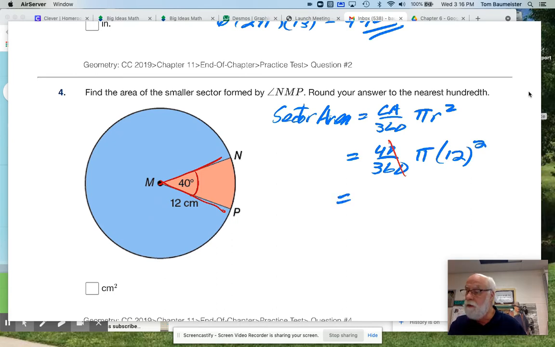And if I plug all of that in, I'll get 50.2657. This time they're asking you to go to the nearest hundredth. Be careful there, ladies and gentlemen. All right, read your directions carefully. The hundredth would be this one right here. So we see we have a 5 there. So we'll round up to 50.27.